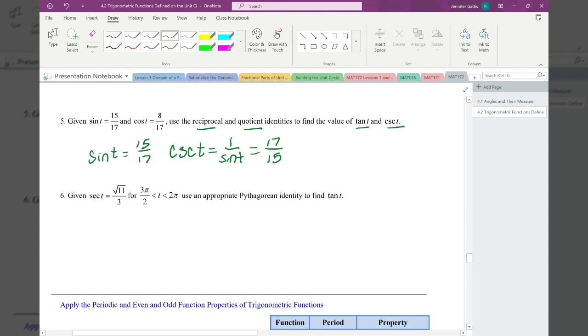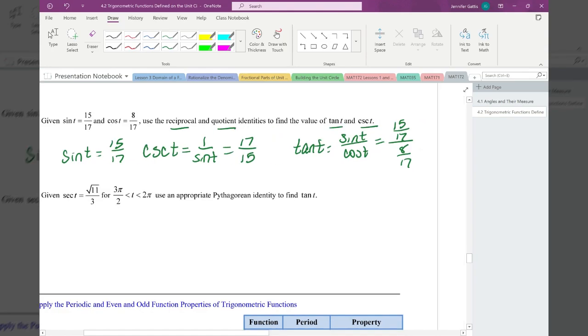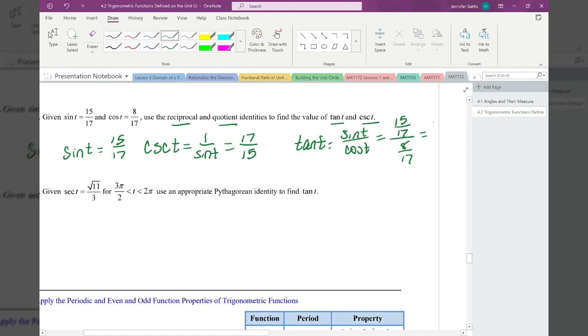And tangent t is going to be sine t over cosine t, or 15 over 17 over 8 over 17, which gives us 15 over 8.